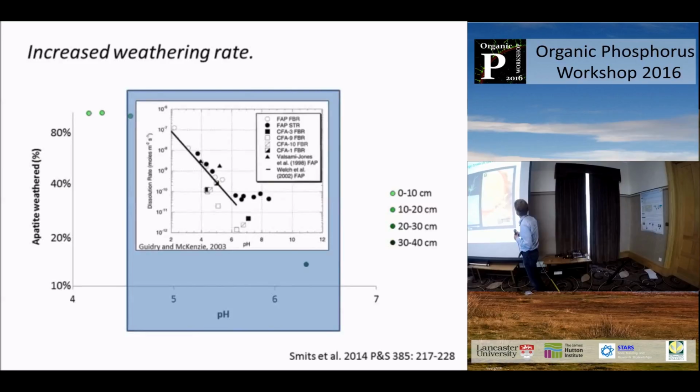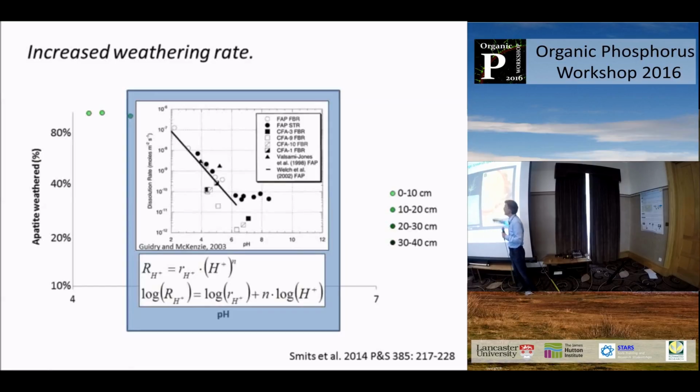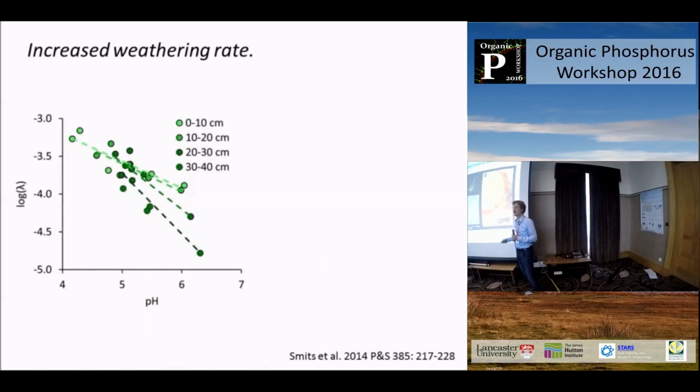And how you want to look at it is if you look at the kinetics, here you have the pH, and then you have the dissolution rate, and in the acidic part you get a straight line. And that is very useful if you want to analyze your data. And that's based on those kinetics data. And this n is important. I will show you later.